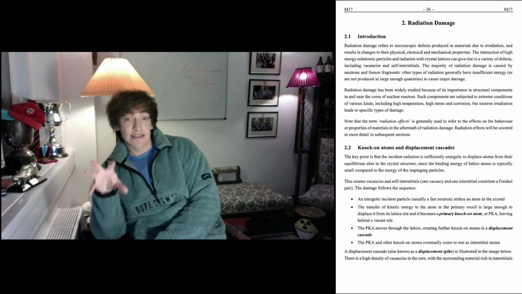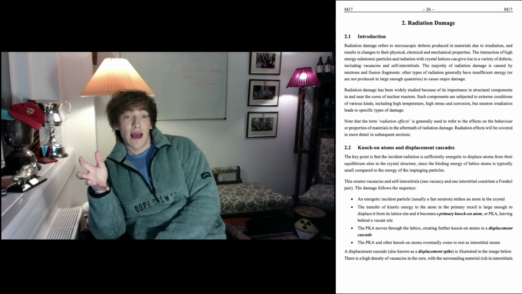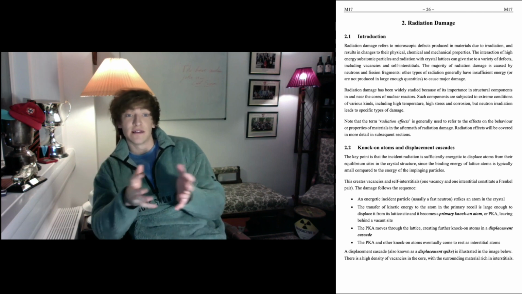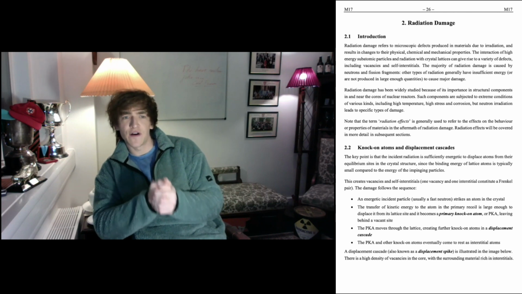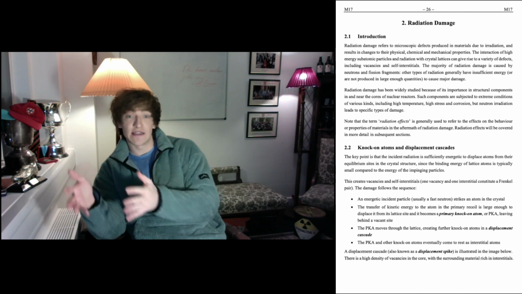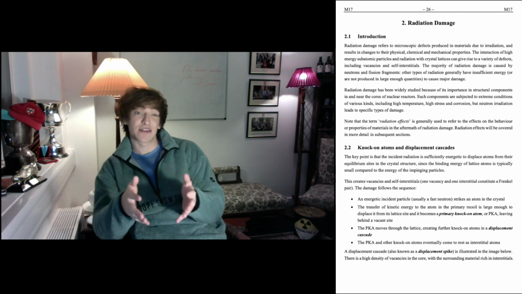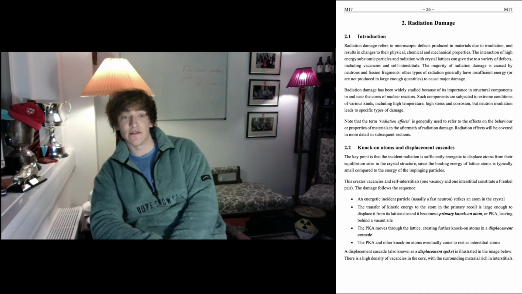And it is in this chapter that we'll summarise the types of these defects and how they arise. How is it different then to the term radiation effects? Well, radiation effects refers to the effects on the behaviour or properties of a material following radiation damage, rather than the actual defects created in the radiation damage itself.